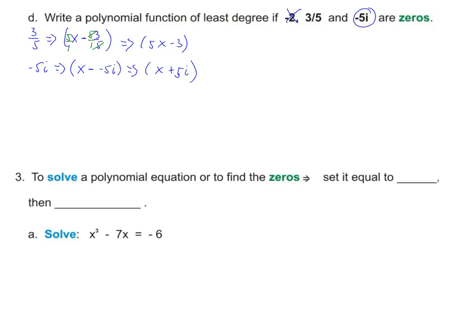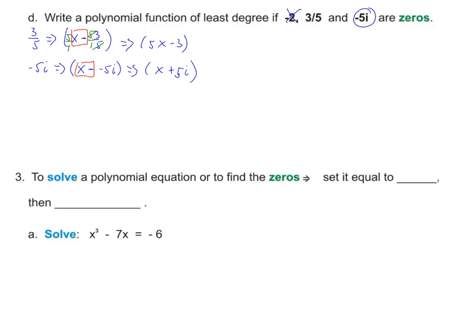Again, if you solve that for 0, would you not get x equal negative 5i? You would. And again, to work backwards, you always start with the x minus and then whatever they give you as the 0. So x plus 5i.